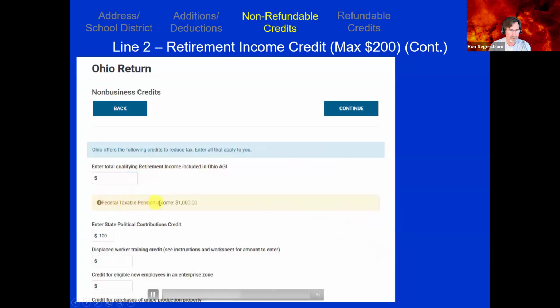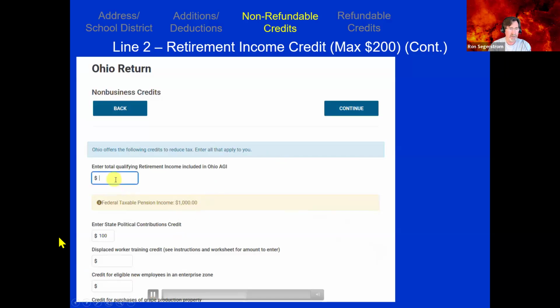Whoops, where's my little federal taxable income. From the federal side, this little hint populates. This is what I was talking about for federal interest or federal dividends not taxable in Ohio. The interest will have a little hint down here as well.